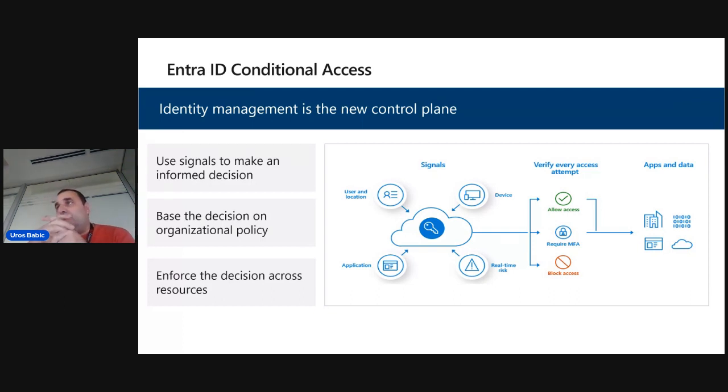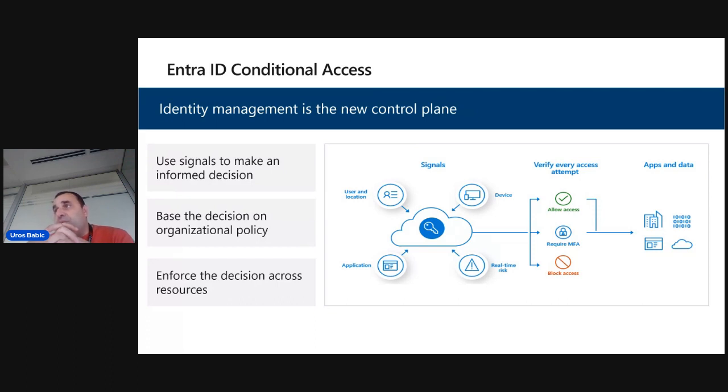Conditional access is very important because that is a tool used in Entra ID to bring things together, to make decisions, to enforce organization policies. Conditional access is the heart of the new identity-driven control plane. And actually, that is a next-generation policy to build in the cloud.